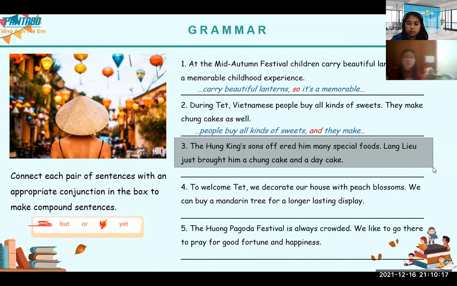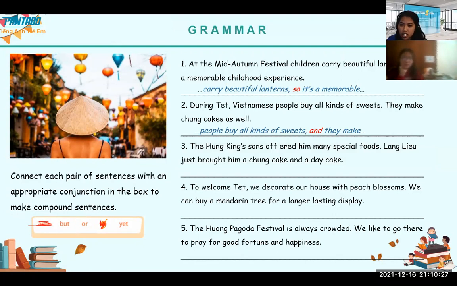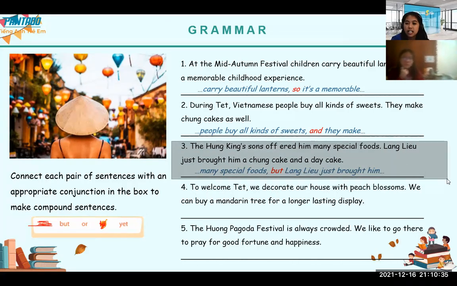But. You mean this one? Yeah, okay, let's check. Very good. So the answer is: the Hung King's son offered him many special foods, but Lang Lieu just brought him a chung cake and a day cake.